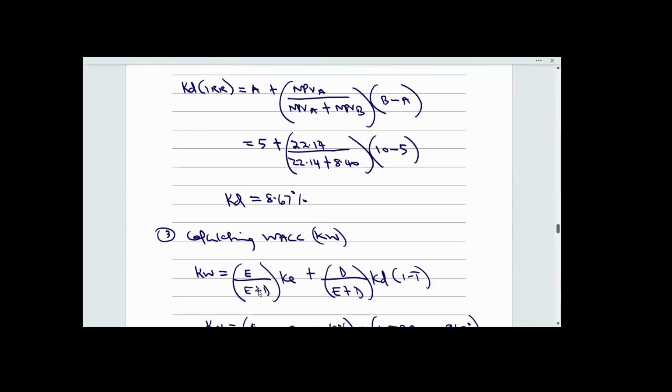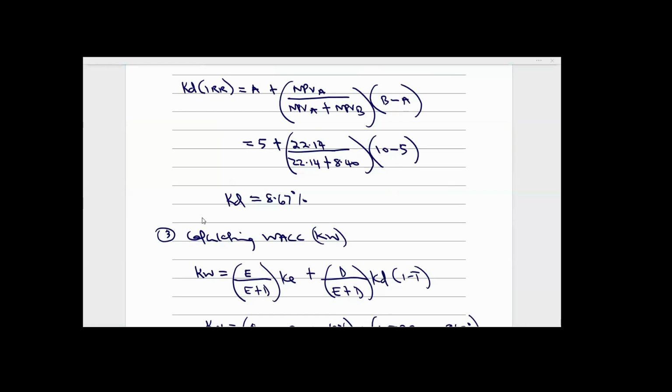8.62. Let's do it together again. We are starting from the denominator, right? 22.14 plus 8.4. Okay, that gives 30.54. So 22.14 divided by 30.54, equal.